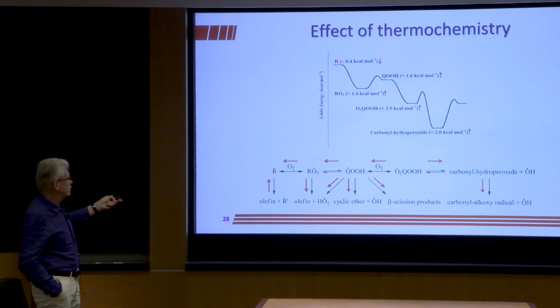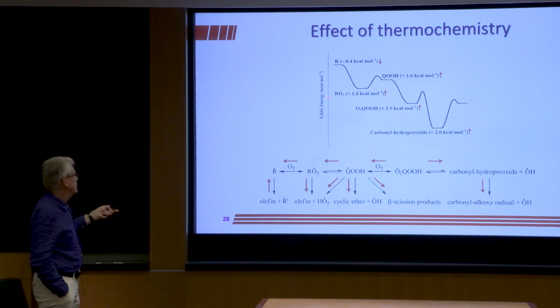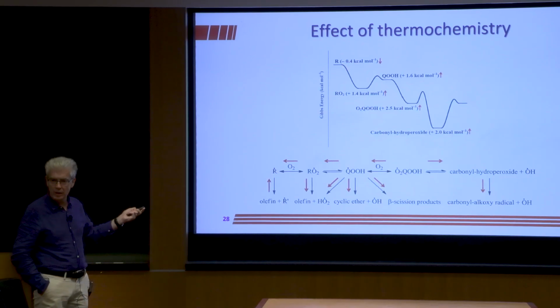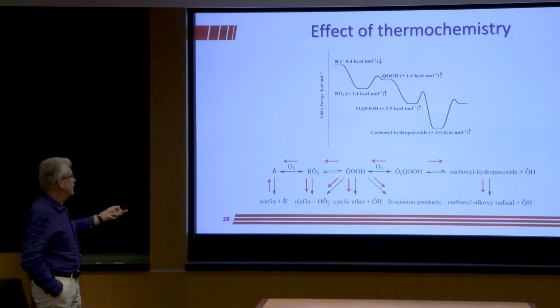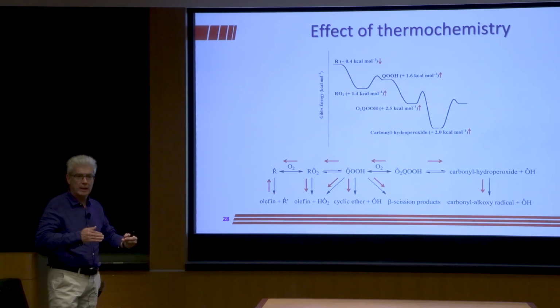But just to recap on the very first one, the alkyl radical calculated with the new Burke thermochemistry, in general, the Gibbs free energy was lower by about a half a kilocalorie per mole compared to what it used to be. And the Gibbs free energy of the RO2 was 1.4 kilocalories per mole higher than it was before.